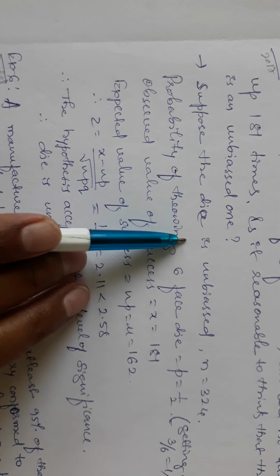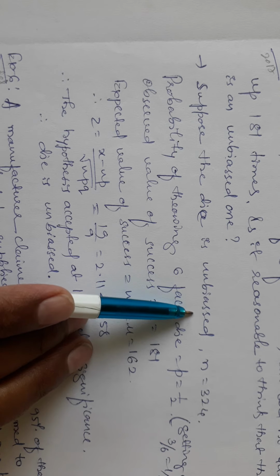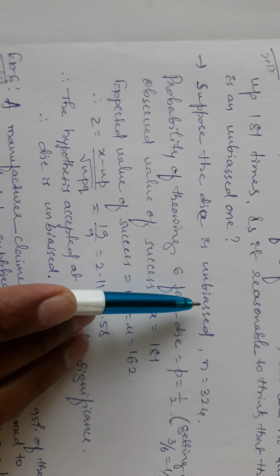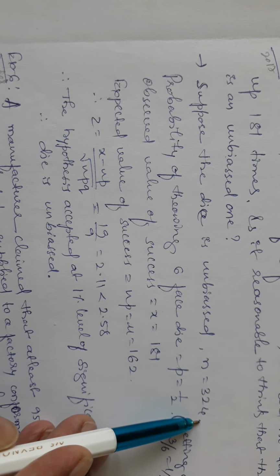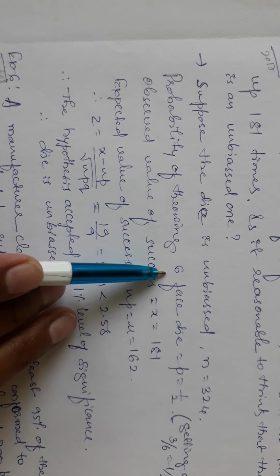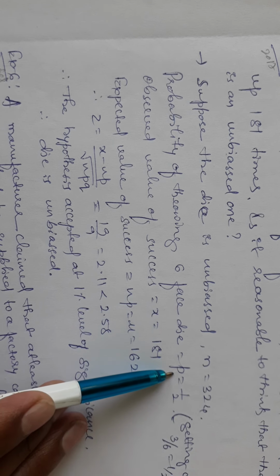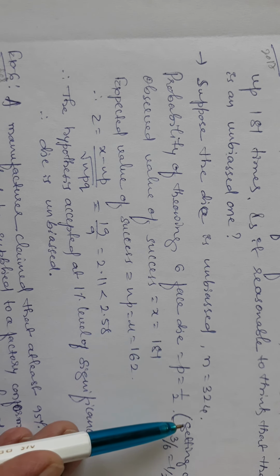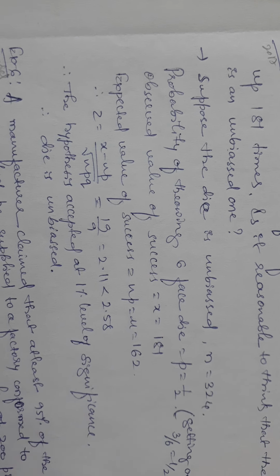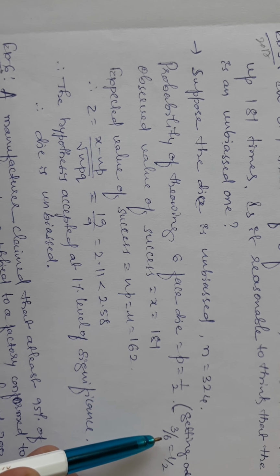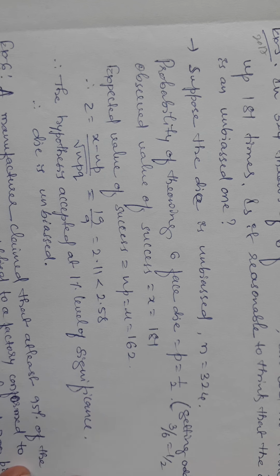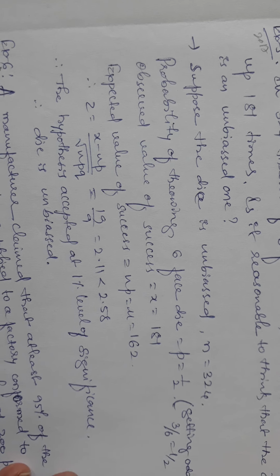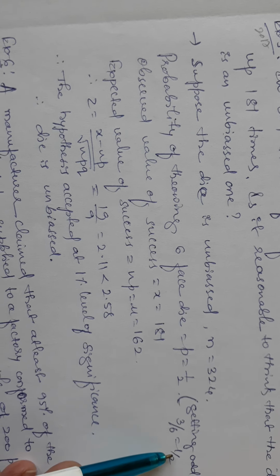Suppose the die is unbiased, therefore the probability for each number is 1 by 6. Here n is 324, and the probability of getting odd numbers is 1 by 6 plus 1 by 6 plus 1 by 6, therefore 3 by 6, which is equal to 1 by 2.